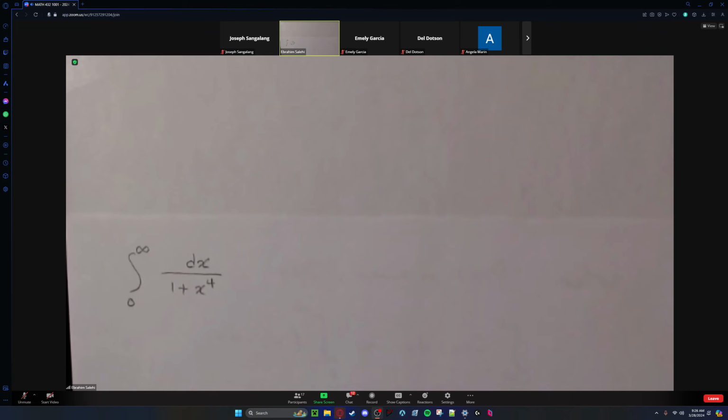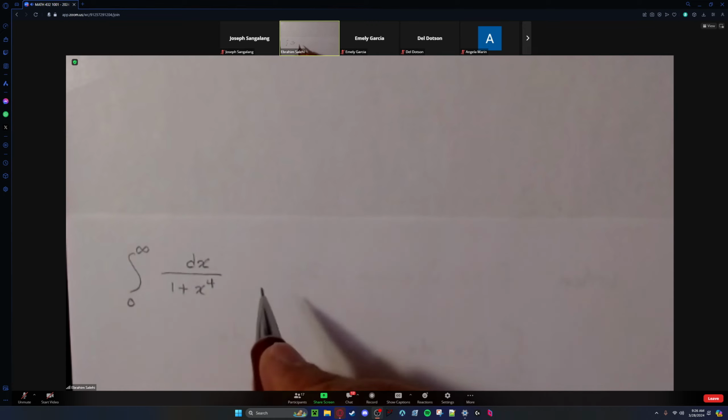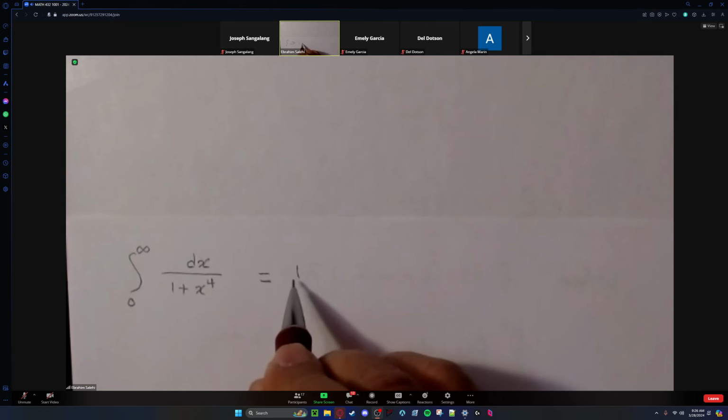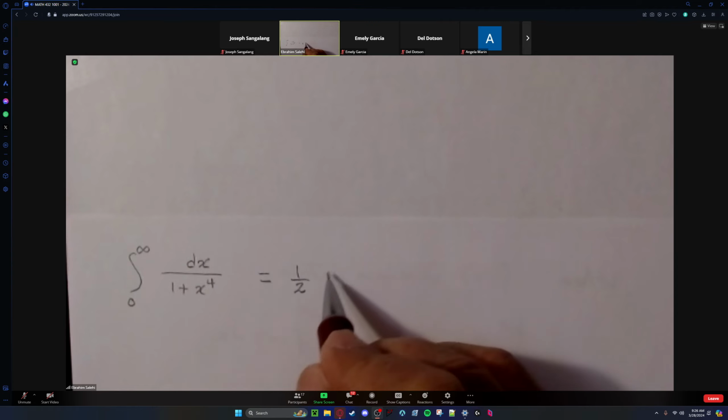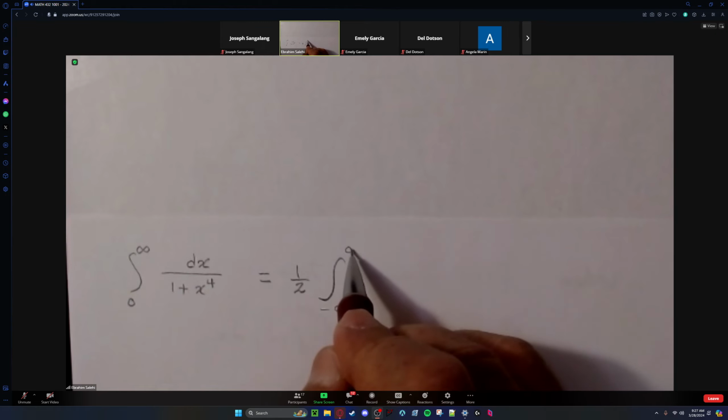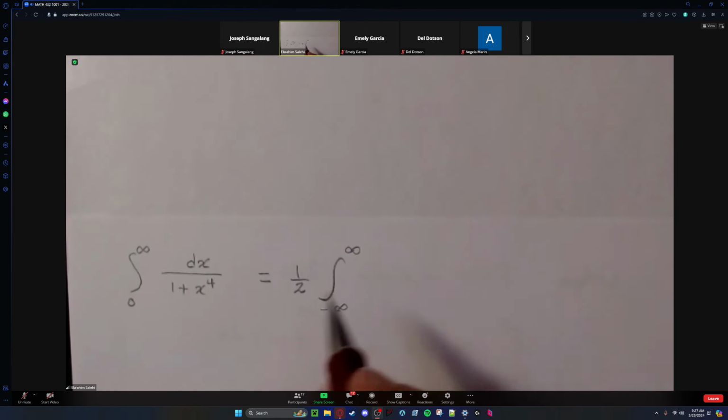But right now, because the integrand, the function, is even, I can say this is 1/2 of the integral from negative infinity to infinity, because negative infinity to zero is the same as this one.